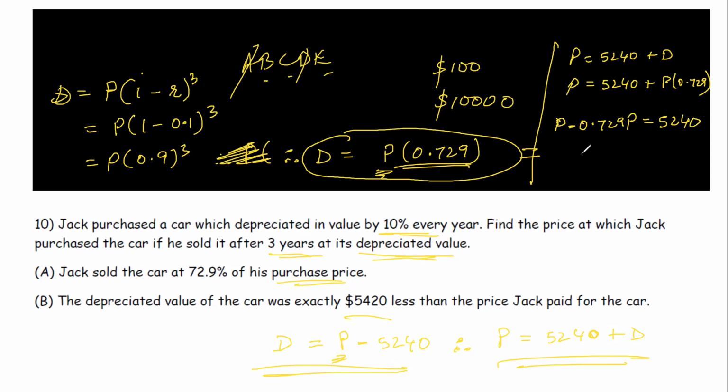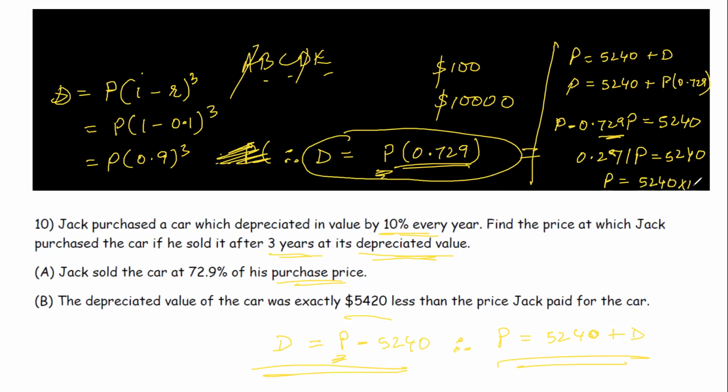So this is 0.271P is equal to 5420. So P is equal to 5420, and then divide by 0.271.